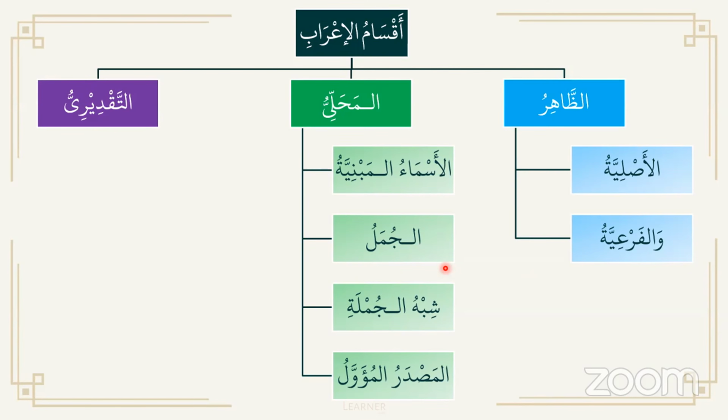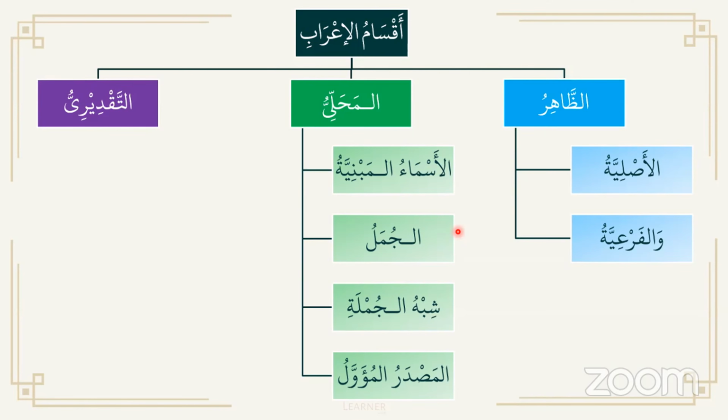It can come in place of Rafa, Nasab, or Jar. How will you call such I'rab? Whether it is mabni, jumla, shibu jumla, or masdar al-mu'abbal, depending on the situation, you'll say fi mahalli raf'in, fi mahalli nasbin, fi mahalli jarrin.